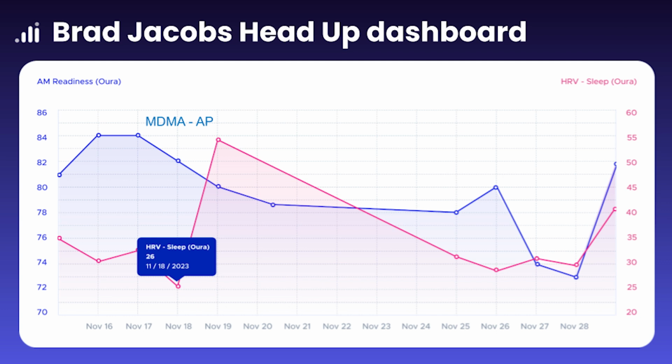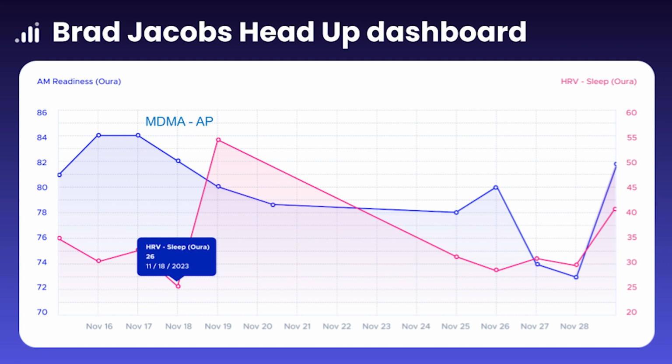Yeah, so we're looking at heart rate variability, and what we can see here is a huge drop. I'm trying to remember what the blue line is. Is that readiness? Yeah, it's a readiness score. So this shows a patient who did MDMA-assisted psychotherapy as part of a clinical trial looking at PTSD, which is probably well known to you guys.